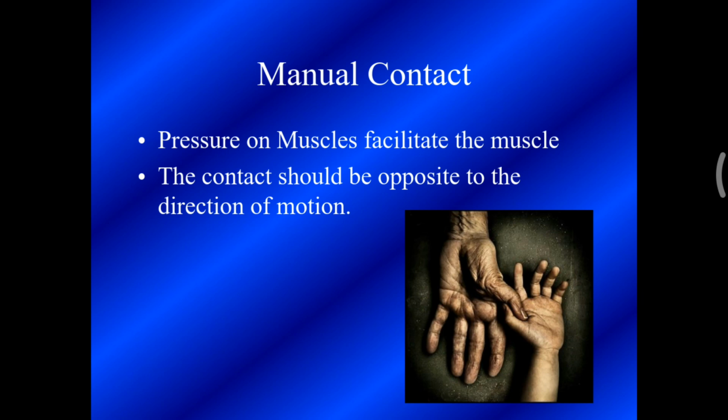So if you're going to do a D1 flexion pattern, then you should be resisting the D1 flexion pattern, which is opposite to that. So your hands will normally be placed on the flexor aspects of it, because it's a flexion pattern you're going to resist. So the direction of motion will be one way, and the hand contact will be opposite.